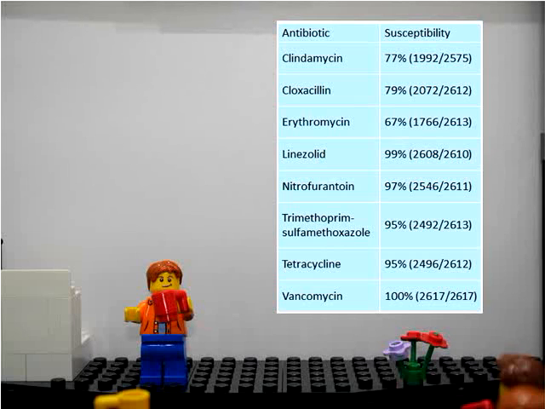Fortunately, it still remains sensitive generally to linezolid, but much less so over time, as it's developing more of a resistance to clindamycin.